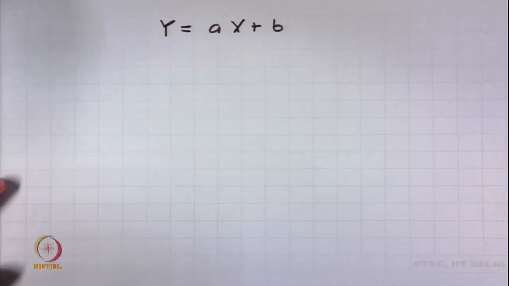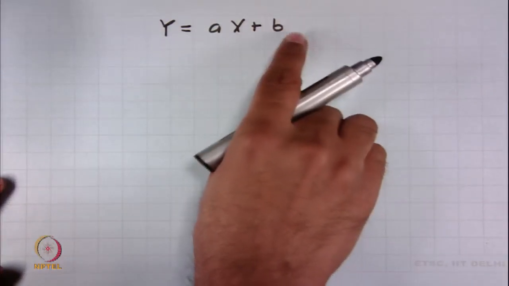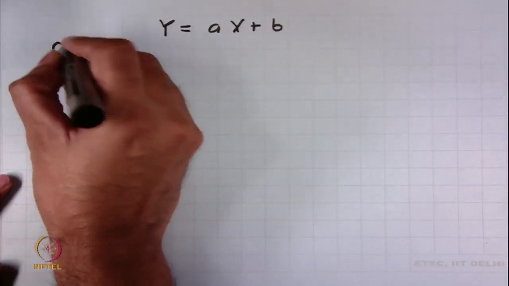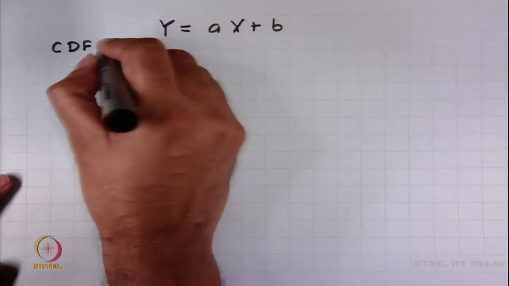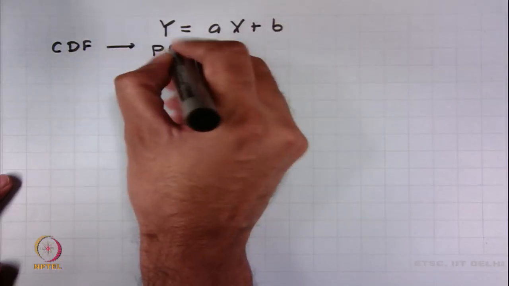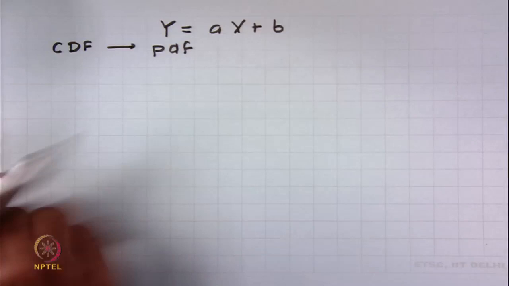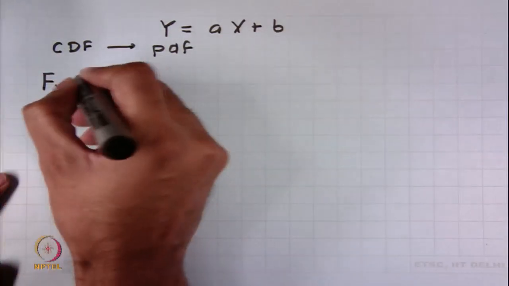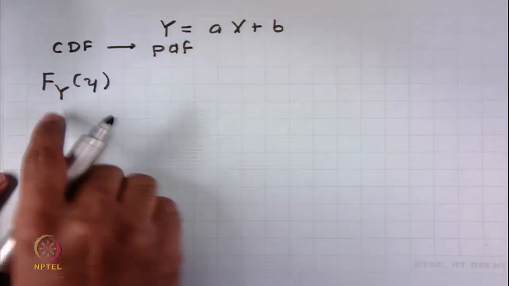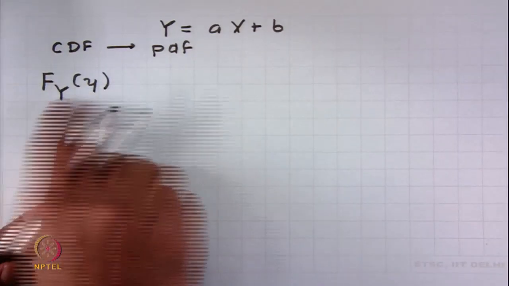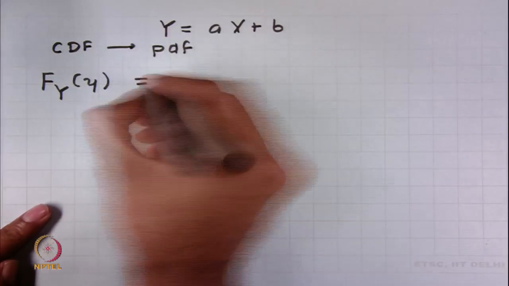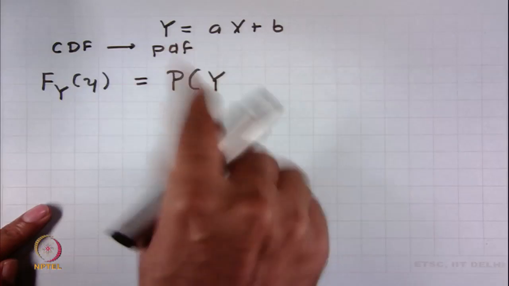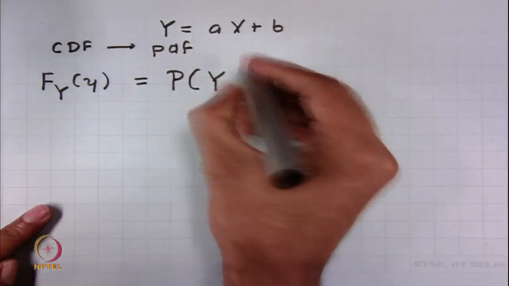And a useful strategy to think about such situations is to try to think in terms of CDF first, and then from CDF we know we can get PDF, right. So, if I have to find the CDF of y, the CDF of y, that means I am trying to find what is the probability that this random variable y takes in a value less than small y.